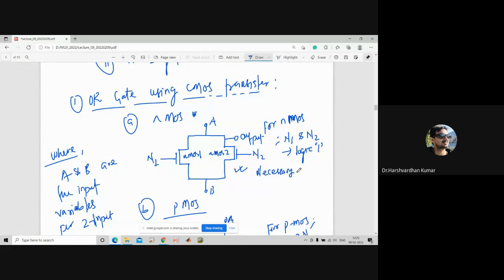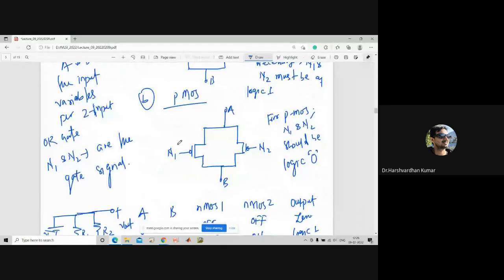The necessary condition is that the input signals, that is N1 and N2, must be at logic 1. Logic 1. Similarly, for the PMOS, what will be the necessary conditions?